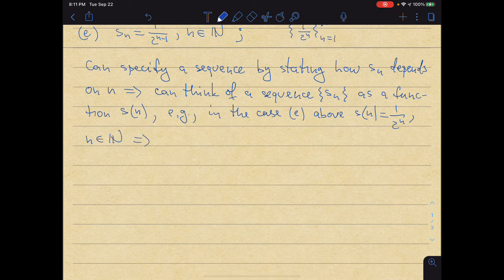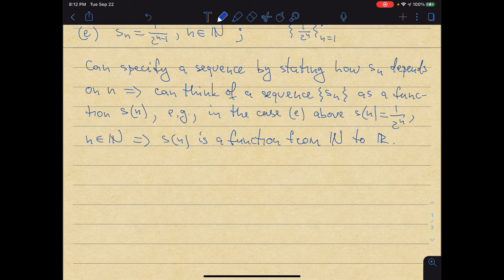So S of n is a function from the set of all natural numbers, N, to the set of all reals. Right? So either I prescribe this function by giving you the formula, or I prescribe this function by listing what the value of the function is for each n.